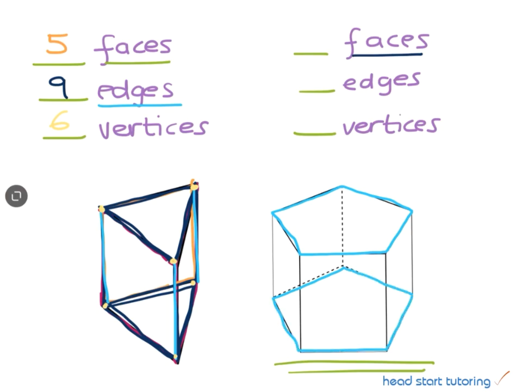And the reason that those two pentagons are our two bases is because those two pentagons are equal to each other, and so they are congruent and they are parallel to each other. And those are the properties of our bases. So those two pentagons will make up our bases, and that is where we get the name pentagonal prism from, because our bases are pentagonal in shape.